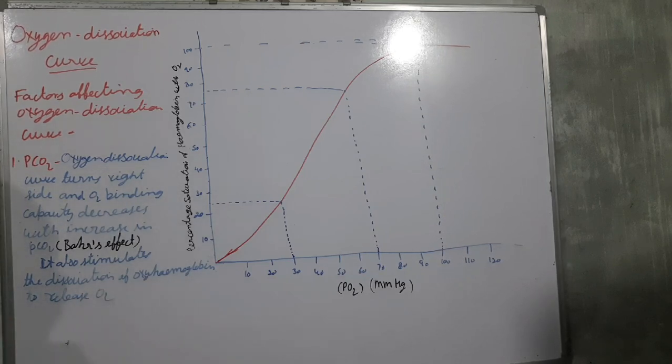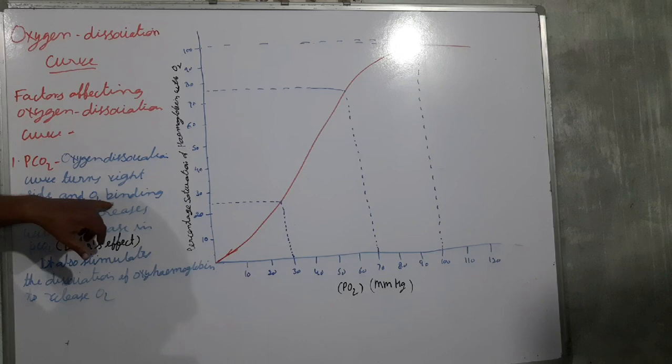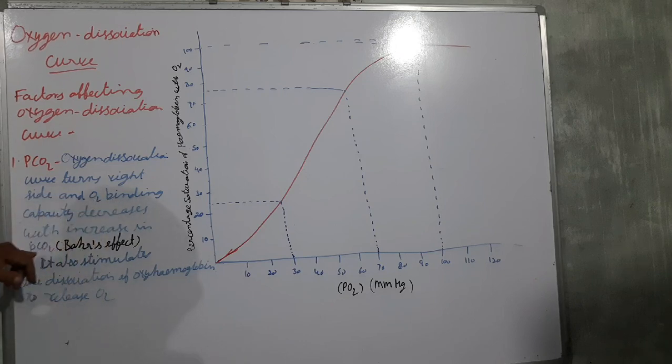So these are the effects of the partial pressure of carbon dioxide: the oxygen dissociation curve turns right, and the oxygen binding capacity decreases with increase in partial pressure of carbon dioxide. This is the Bohr's effect. And carbon dioxide concentration also stimulates the dissociation of oxyhemoglobin to release oxygen.